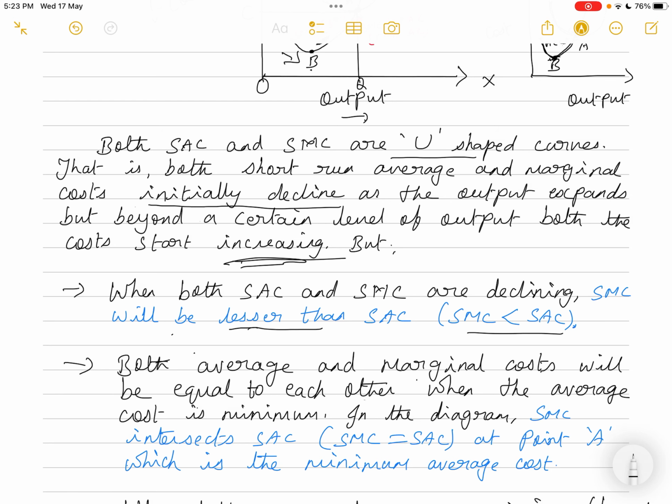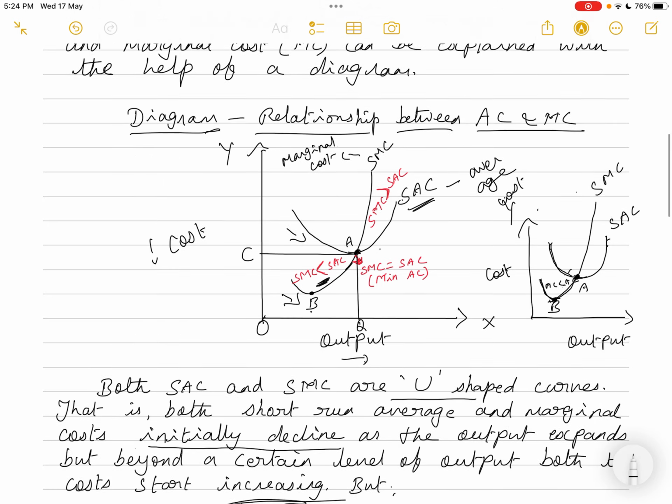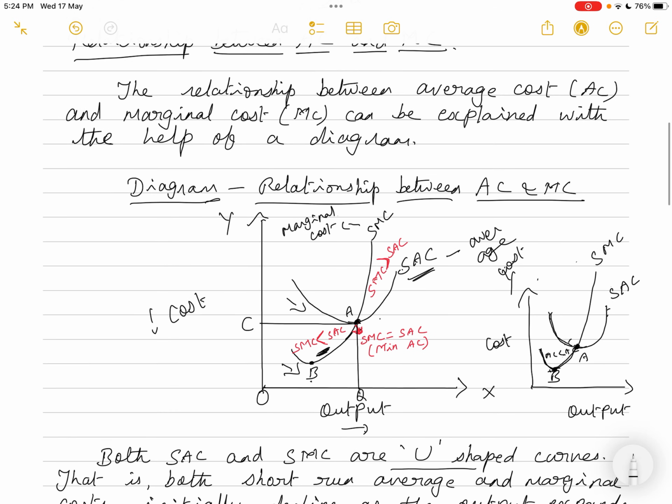Then average and marginal cost will be equal to each other when the average cost is minimum. In the diagram, SMC intersects SAC, that is SMC is equal to SAC, at point A, which is the minimum average cost. So if you see the diagram, you can see this is the minimum average cost. It intersects at this minimum point, isn't it?